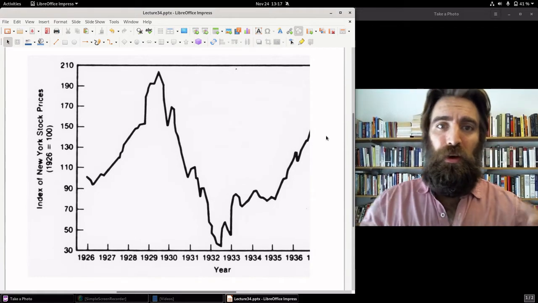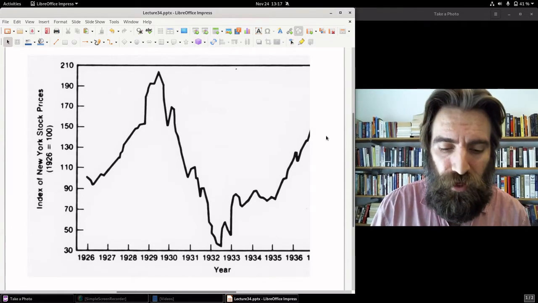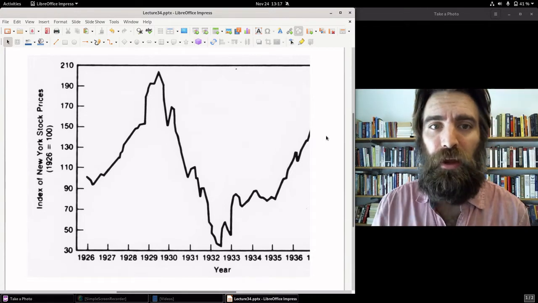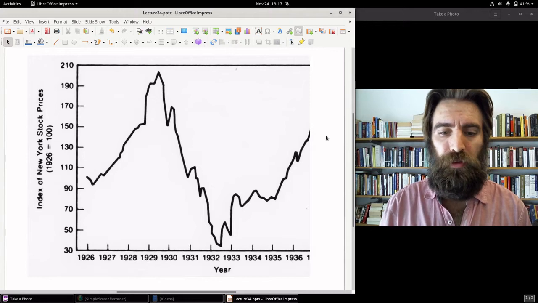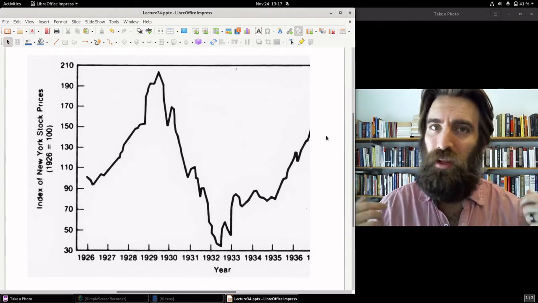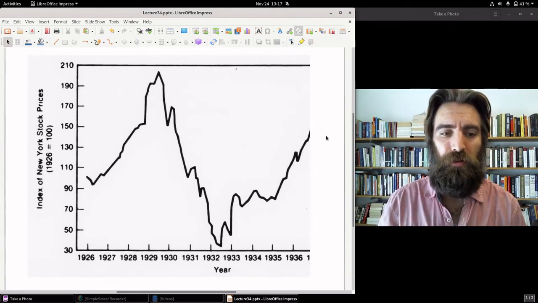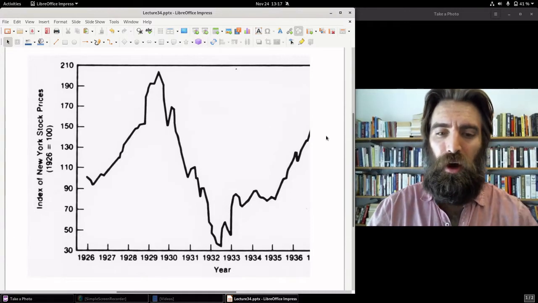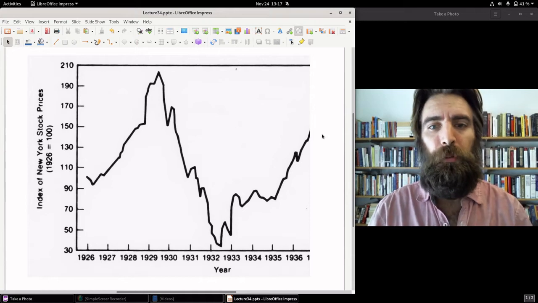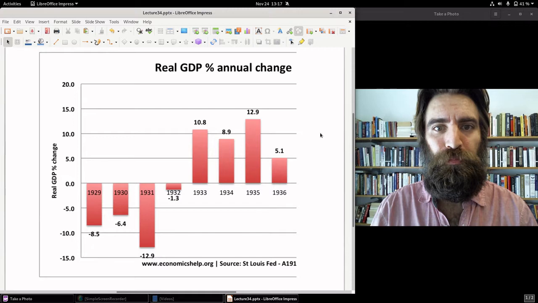FDR wins reelection in 1936 in a total landslide. FDR had experienced some opposition on his left flank, from Huey Long and some other figures, Francis Townsend, but he responds to that by passing the Social Security Act in 1935, the Wagner Act in 1935 as well, which offered protections for labor unions, a minimum wage, and FDR wins very easily in 1936.